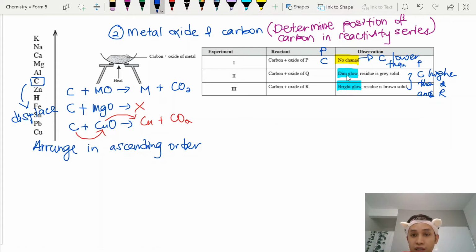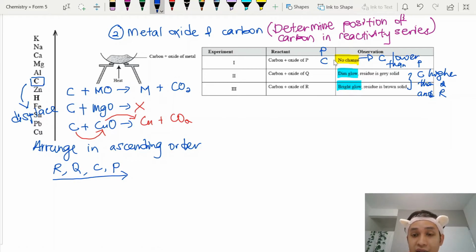So based on this observation, bright, I know that R is further away from carbon compared to Q. So if I were to arrange in ascending order, meaning the less reactive one, it will be R, followed by Q, followed by carbon, finally P. So this one we are going in ascending order, less electropositive to more electropositive.